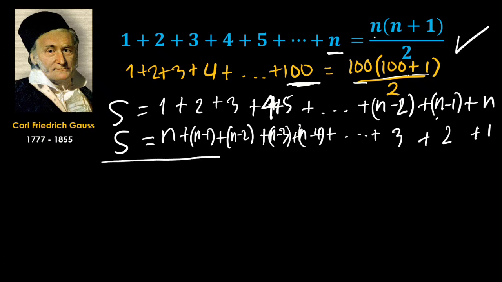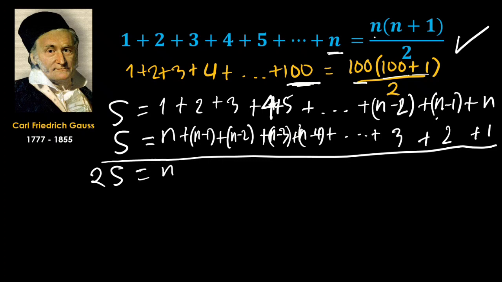So let's add these two sums together. The left side is 2S, and the right hand side you have n plus 1. Okay, and then if you add this, n minus 1 plus 2, that's 2 minus 1, it gives you 1. So that is n plus 1 as well.